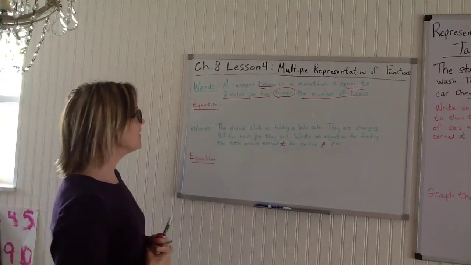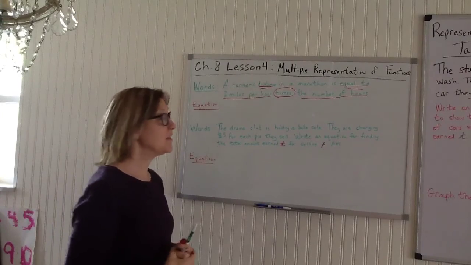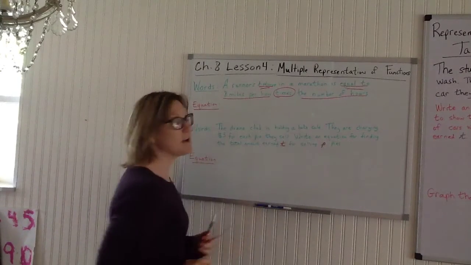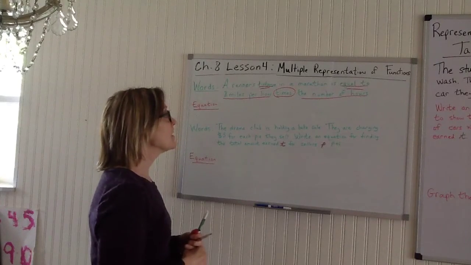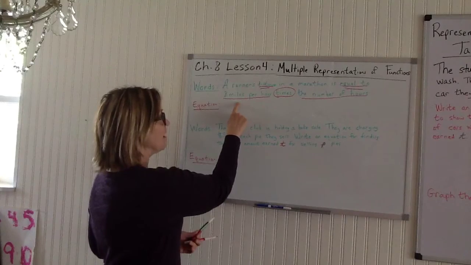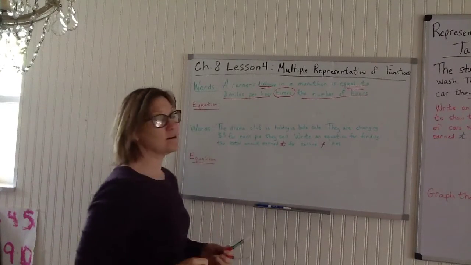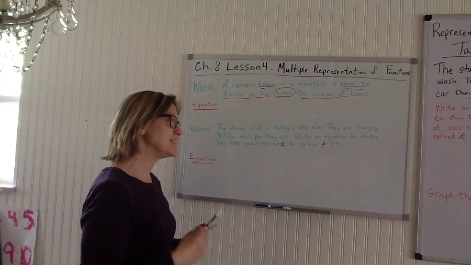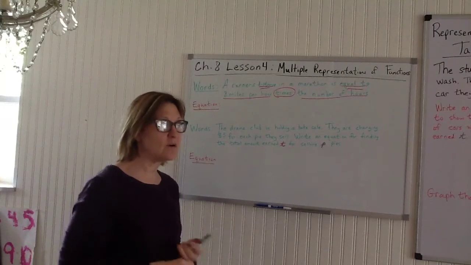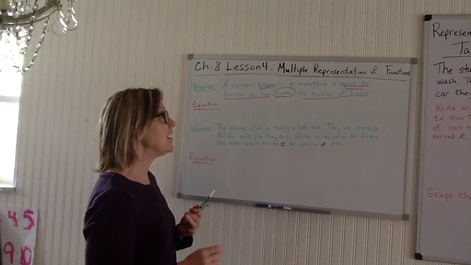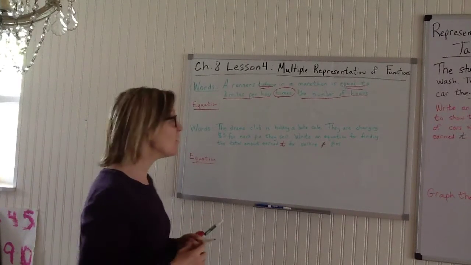So I have an unknown here. I don't know how many hours this runner's going to run. I do know that they can run 8 miles per hour. So 8 miles per 1 hour would mean 16 miles in 2 hours. In 3 hours, that would be 8 times 3, which is 24.